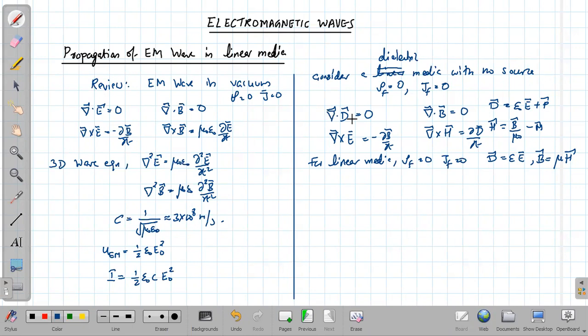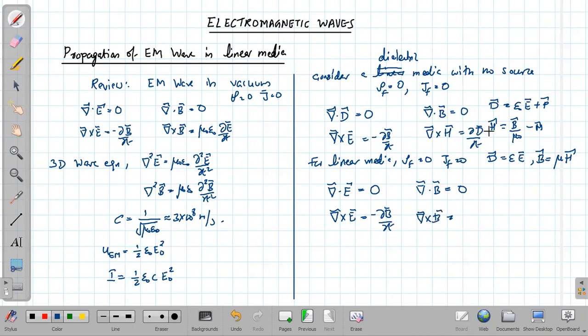Del dot D can be written as del dot E equal 0, del dot B equal to 0 will remain the same, and del cross E equal to minus dB by dt will also remain the same. Del cross H can be written with H as B by mu, so it can be written as del cross B divided by mu.